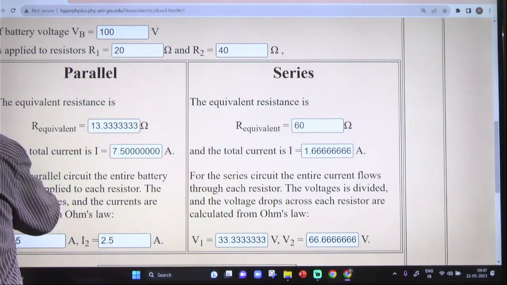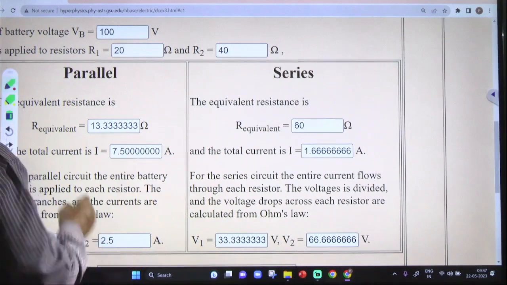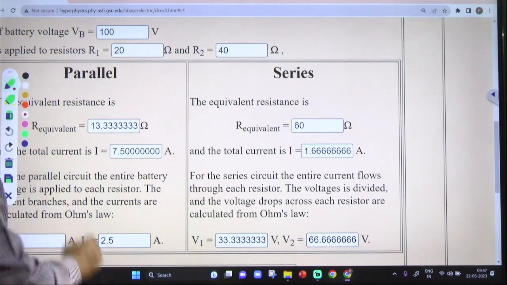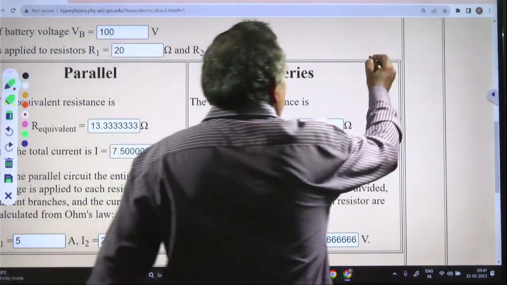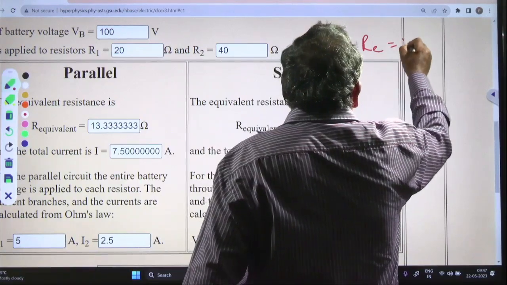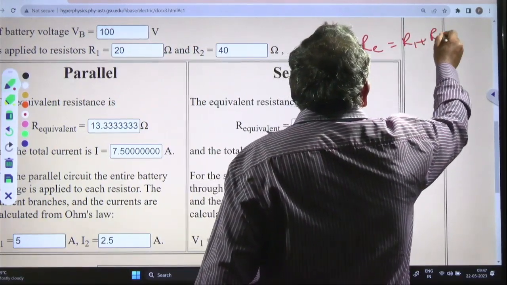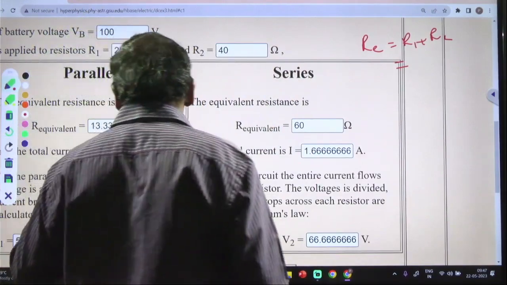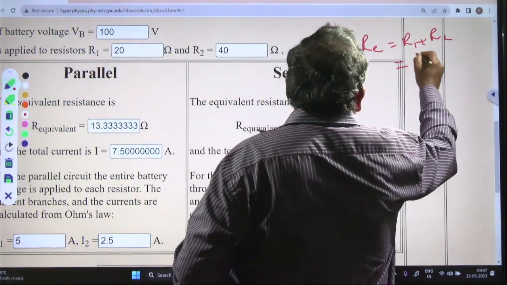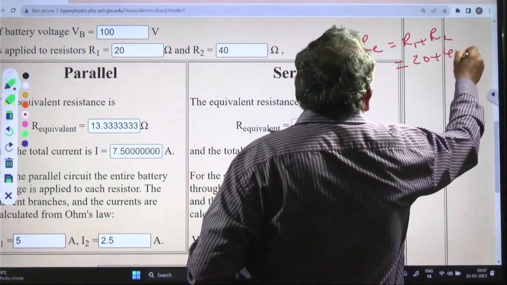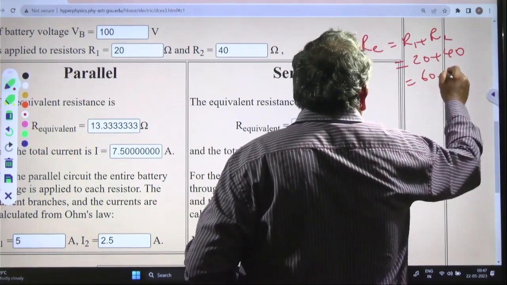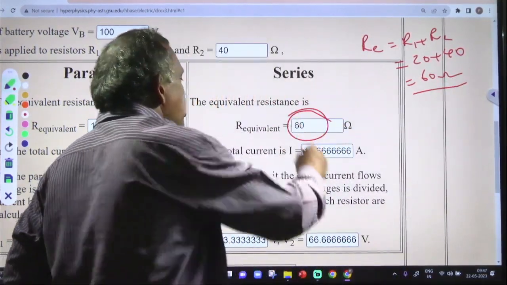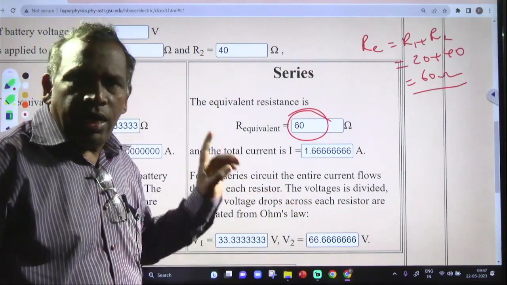According to the series connection, R equivalent is nothing but R1 plus R2. R1 we have taken as 20, R2 is 40, 20 plus 40 is 60 ohms. You got the same answer. So like that you have to solve.